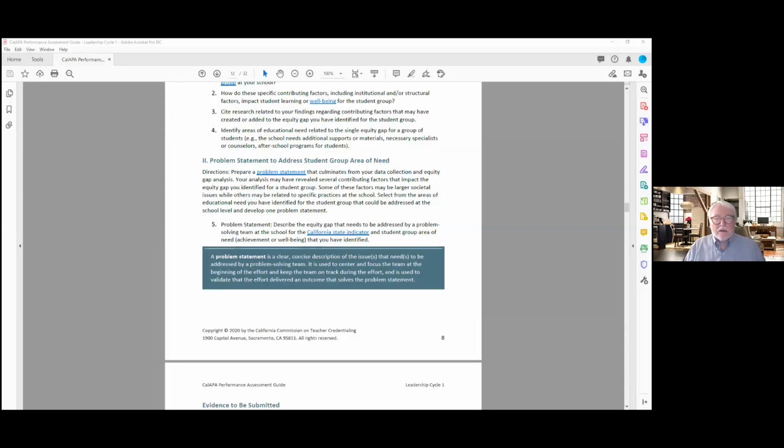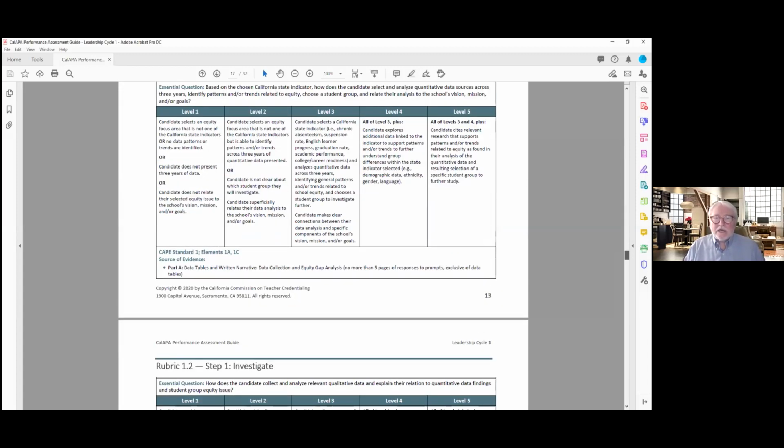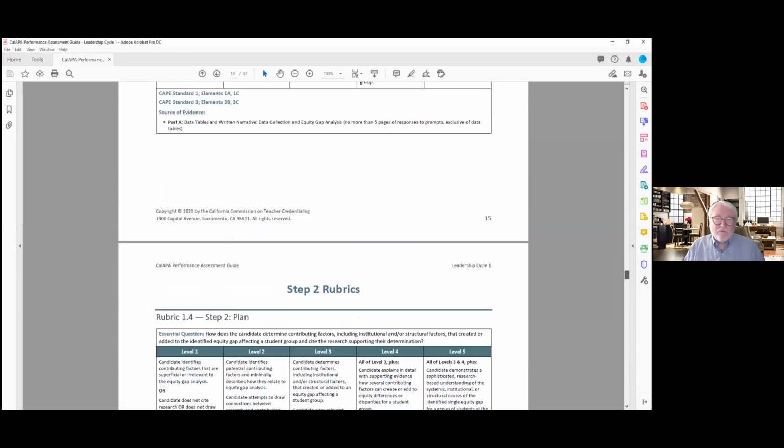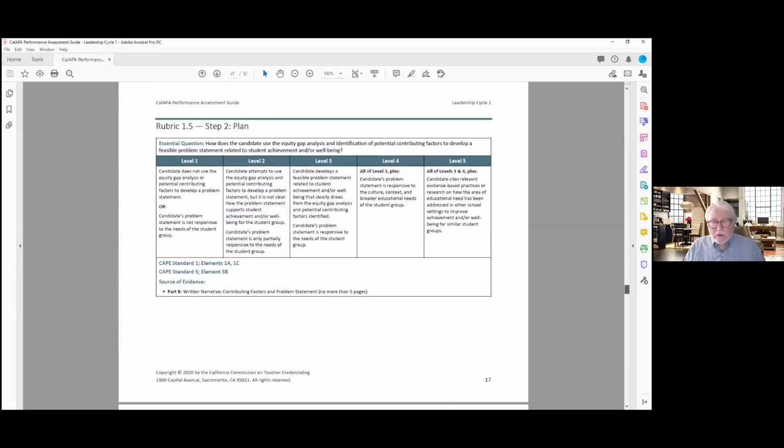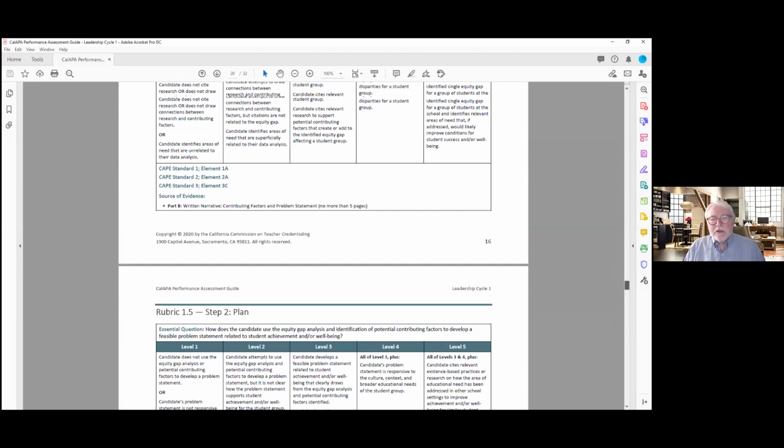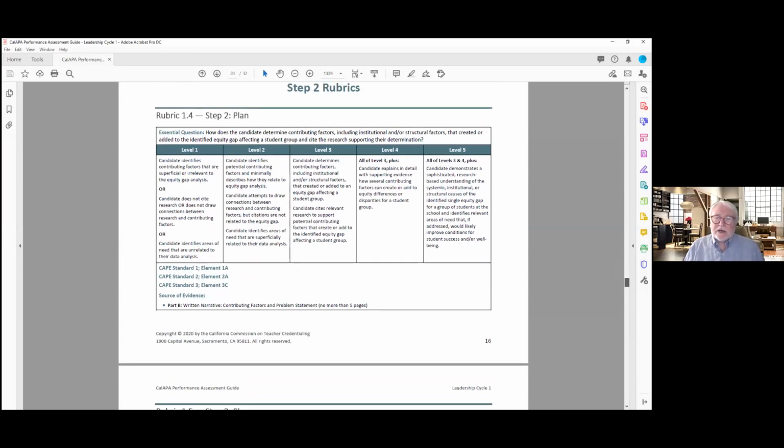While we're waiting for that, I do also want to point out we acknowledge in the design team that everyone in a program has a reading list or bibliography for the program. So we were looking for a number of ways that people could demonstrate the readings that they were doing in your preparation programs within the CalAPA. This is one of the places where that's explicit.